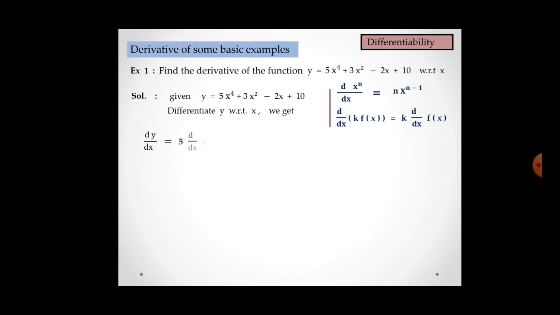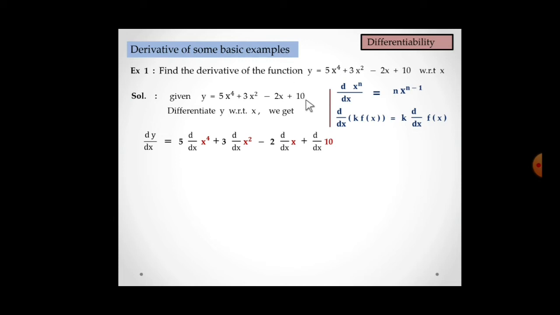So 5 as it is, differentiation of x raised to 4, for that I am using this k into f of x, plus 3 as it is, d by dx of x square, minus 2 as it is, d by dx of x. Now the last term is only 10.